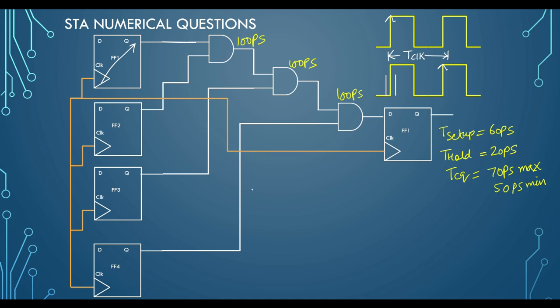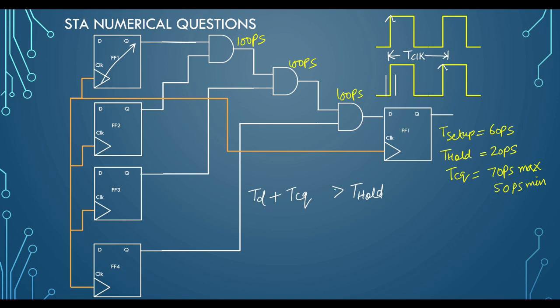So let us say the data path delay is TD. It should be at least greater than the hold time.